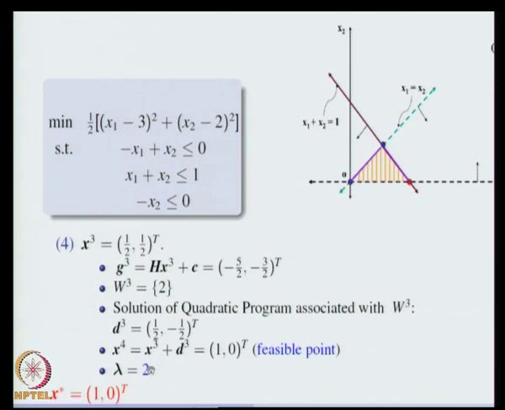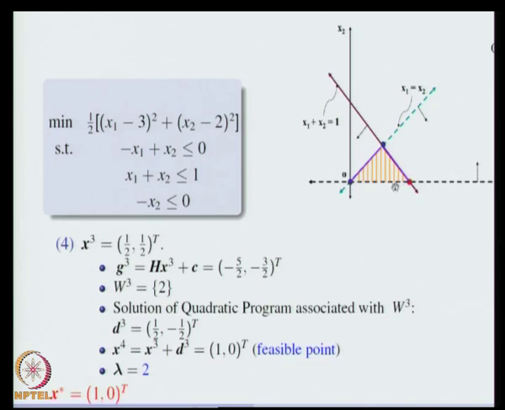We have to see whether the corresponding Lagrange multiplier is non-negative, and it is equal to 2, which certainly satisfies the condition that lambda should be non-negative for active inequality constraints, and therefore, this point is the optimal point.